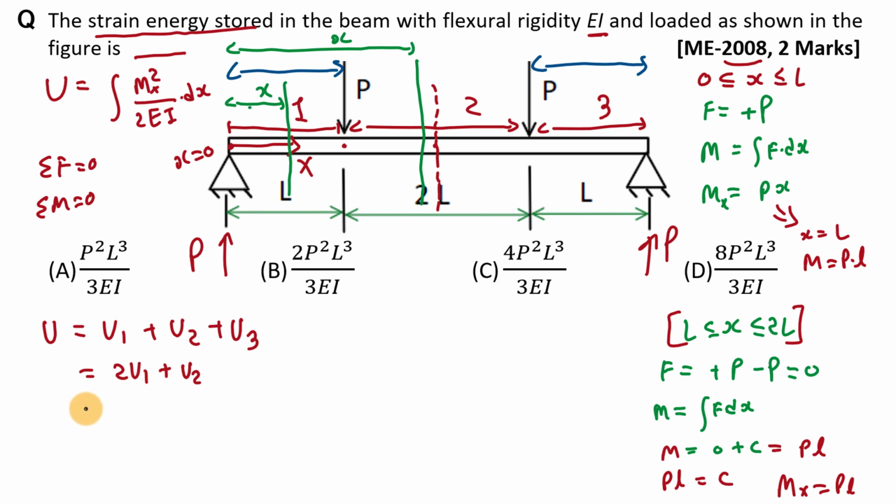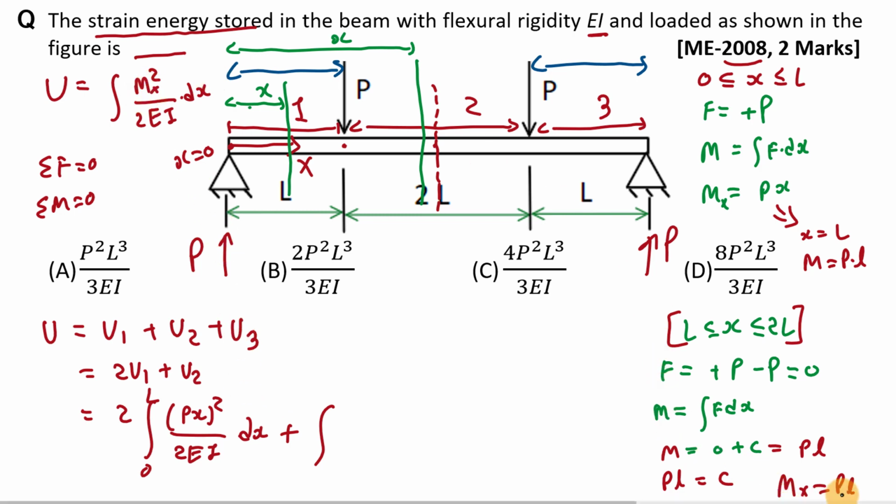So here if we put the value, then it will be 2 into U1, that is integration of Mx square, that is Px square, divided by 2EI into dx, and here this integration will be from x is equal to 0 to L. Plus U2, that is integration of this Mx, that is P into L, so it is PL square divided by 2EI into dx, and this integration will be from x is equal to L to 2L.